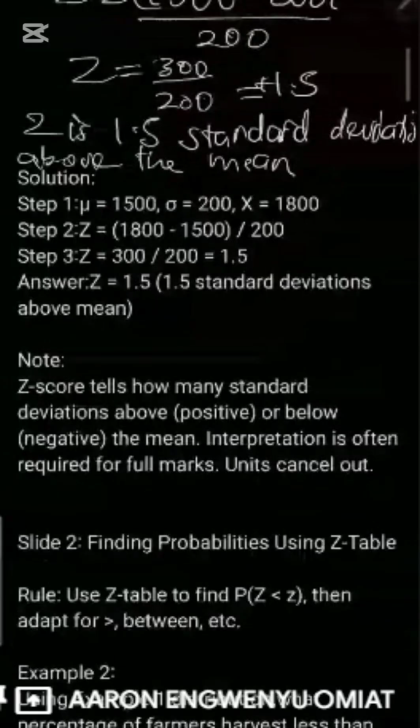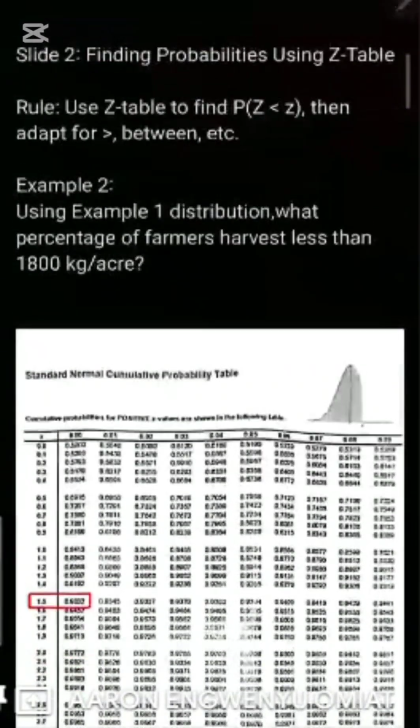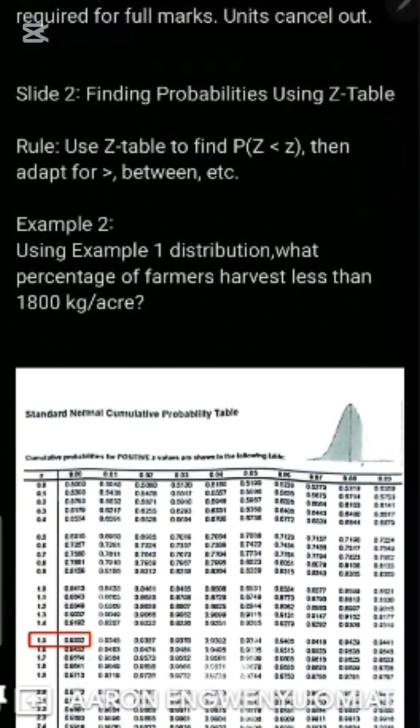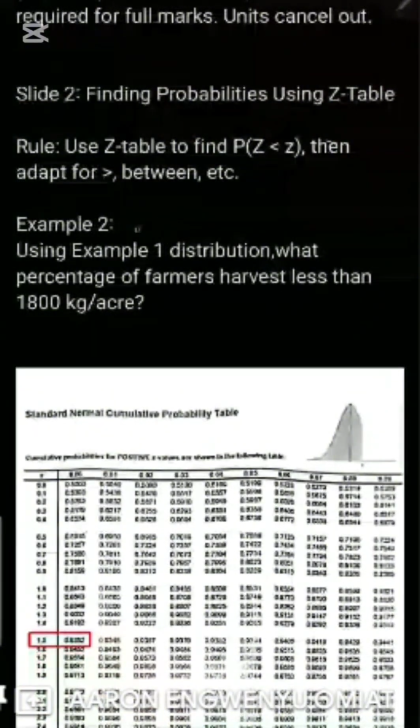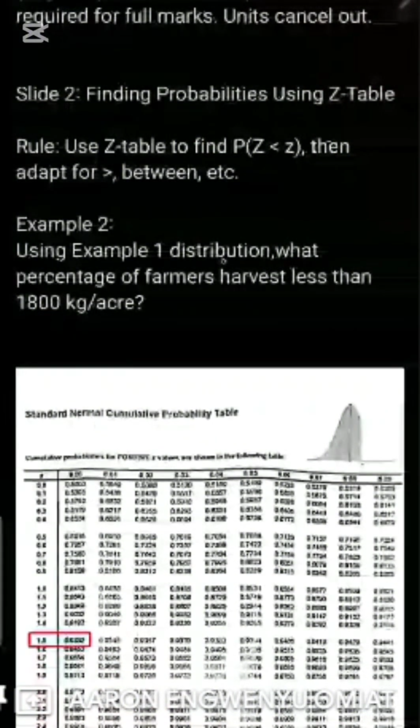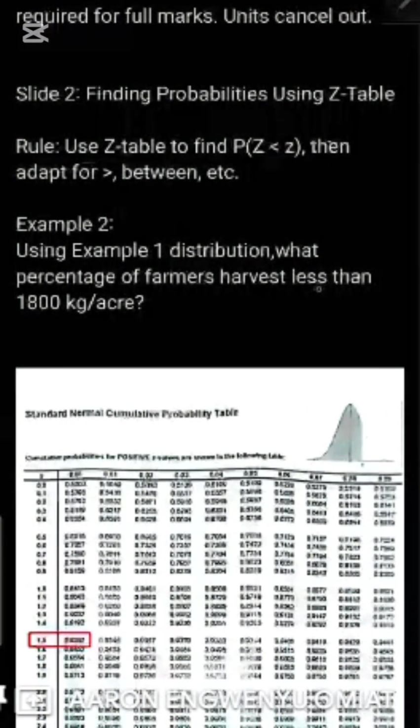Let's move on to number 2. We are going to now be using the table to find probabilities using the Z table. The rule is that we use the table to find the probability for Z less than a value, then adapt for greater, between, etc. Example 2: using example 1 distribution, what percentage of farmers harvest less than 1,800 kilograms per acre?